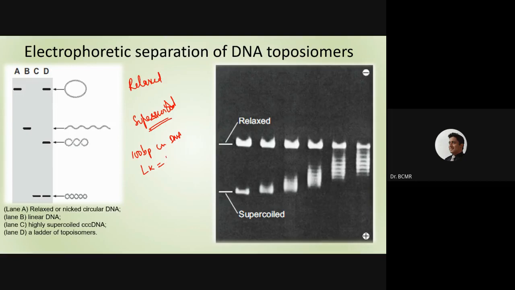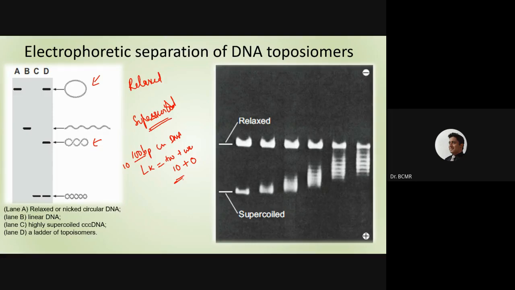That should be twist plus writhe. Assume writhe is 0, meaning the DNA molecule is not in a coiled state, it is just in a relaxed state. With twist, because I said 100 base pairs, you can expect 10 helical turns, and that means the linking number is 10.